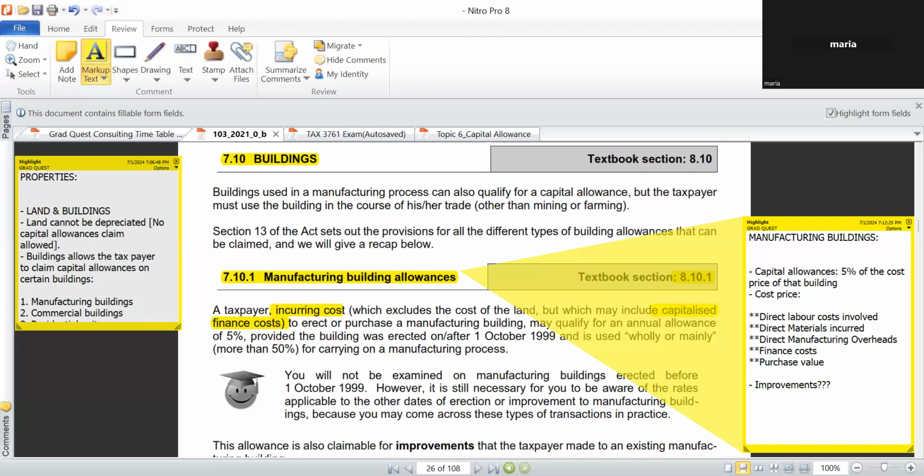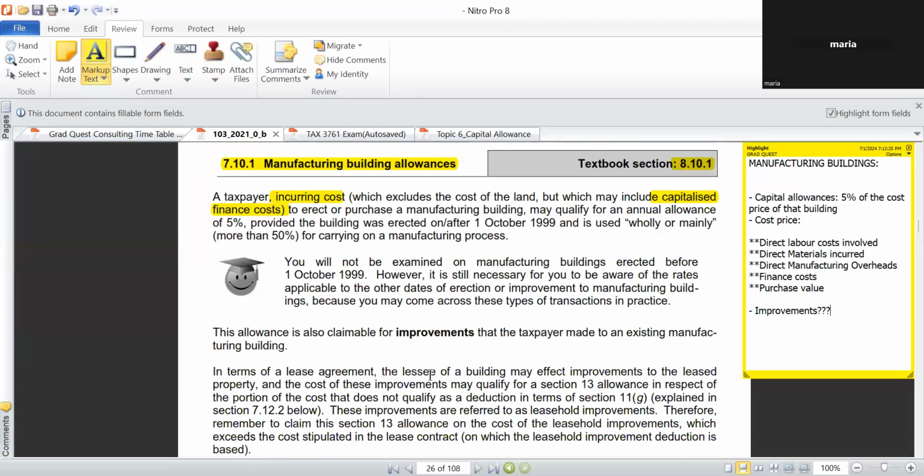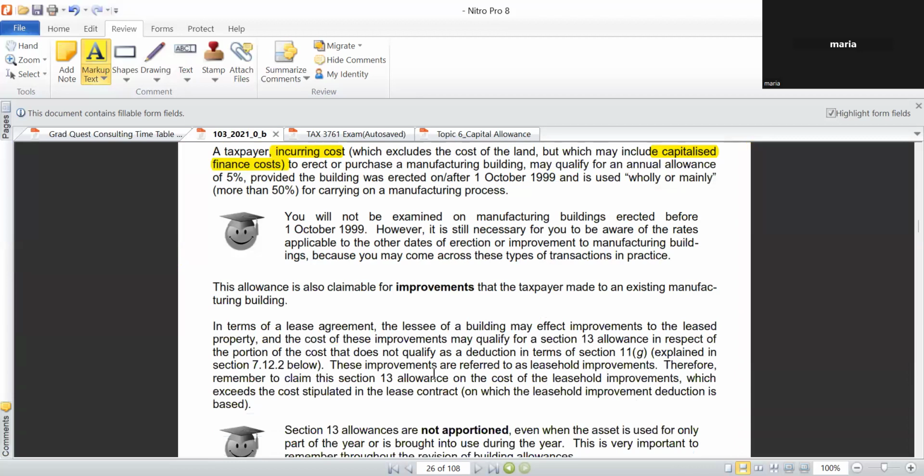What if we have improvements to the building in question? There's a very nice summary. In fact, before I continue, I think I need to open this for you guys. Let me show it to you in the study guide for TAX2601. It's a very important summary that I think will be of value to you guys.